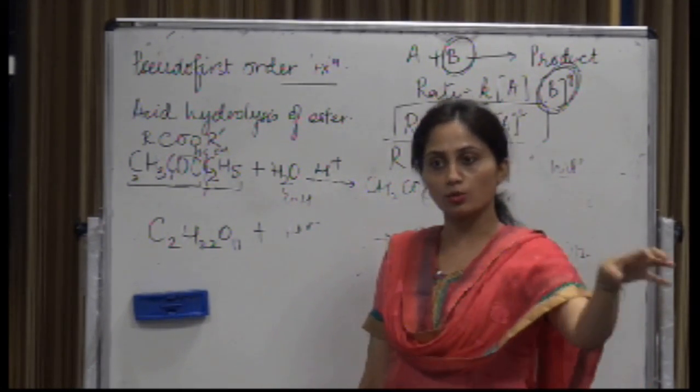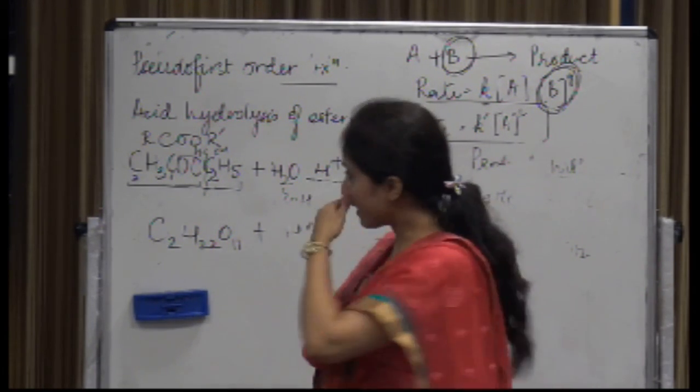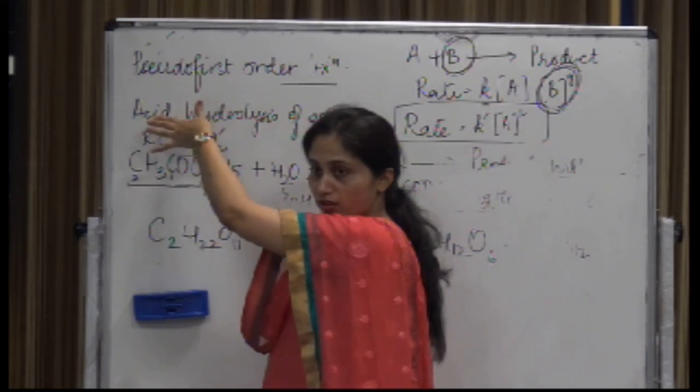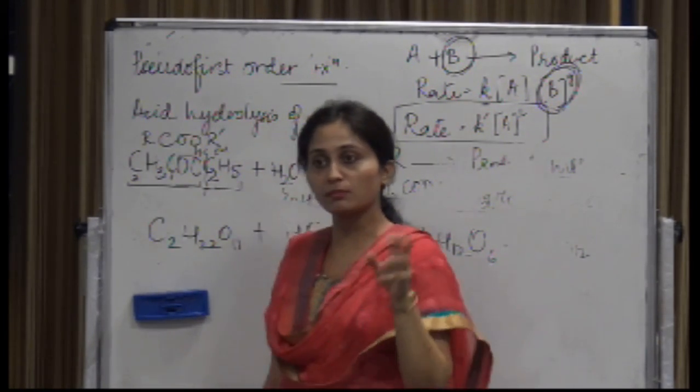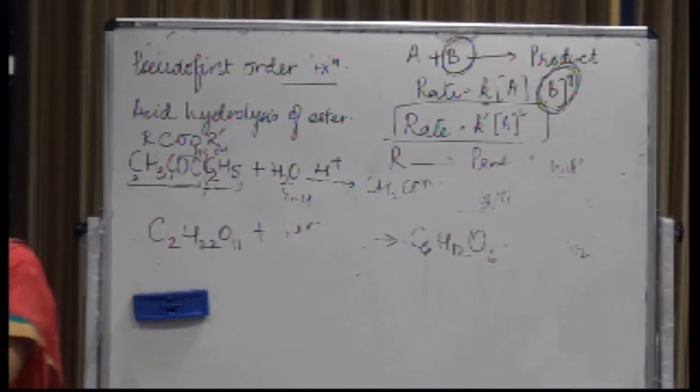So unless and until you're told that the order of a particular reaction is this, because earlier it was believed... in fact, when I studied pseudo first order reaction for the first time, let me tell you, there was another name earlier given to it, that was pseudo unimolecular reaction. So instead of depending on 2 or 3 molecules, it depended only on 1 molecule.